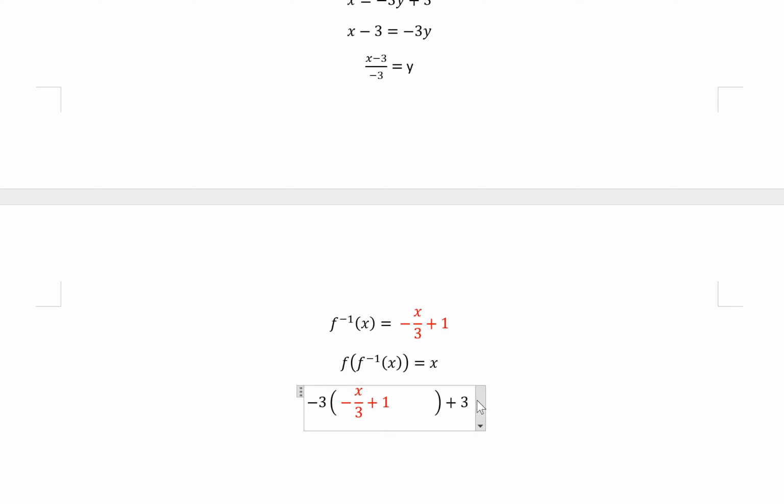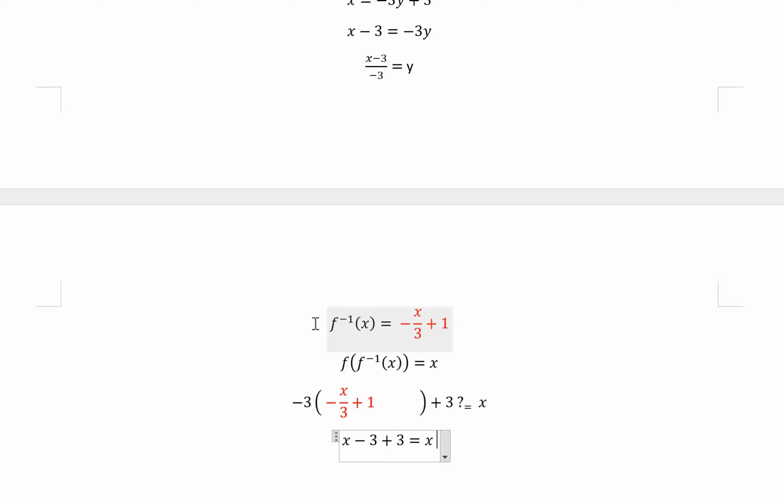Anyway, that has to be equal to x. When you multiply negative 3 times the negative 1/3 x, that gives me x. And when you multiply negative 3 by 1, that gives me negative 3. And outside there is a plus 3. So that equals x.